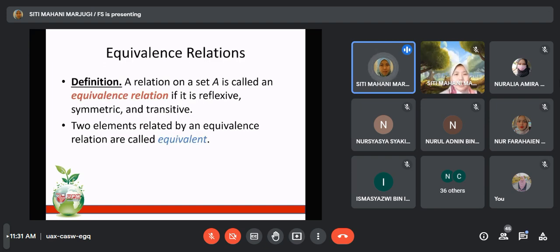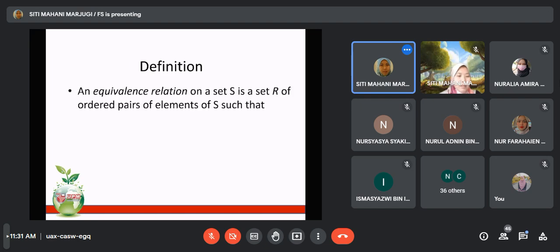Just to recall your memory again: a relation on the set A is called an equivalence relation if three properties are satisfied, which are reflexive, symmetric, and transitive. Two elements related by an equivalence relation are called equivalent.